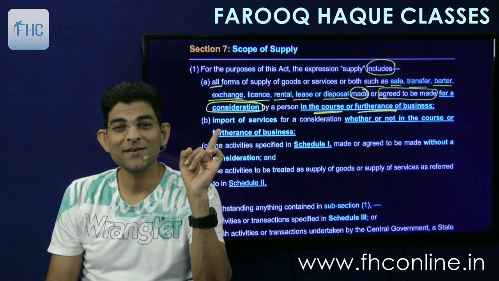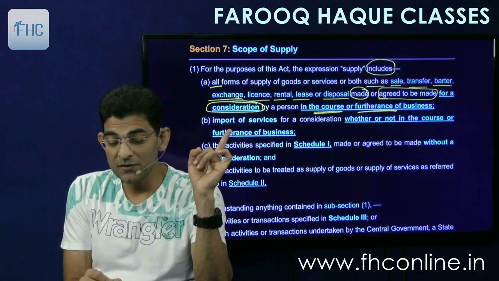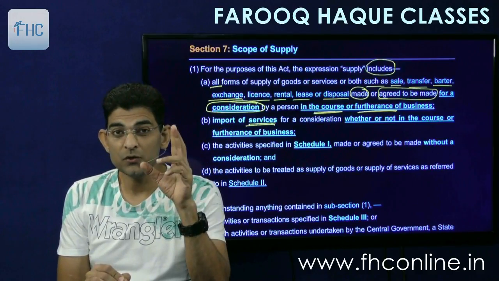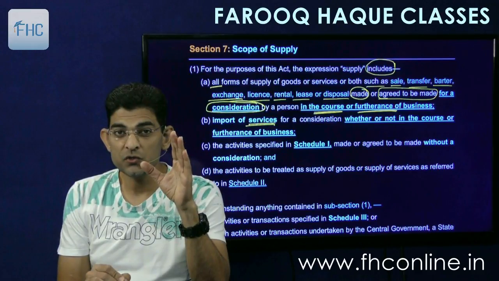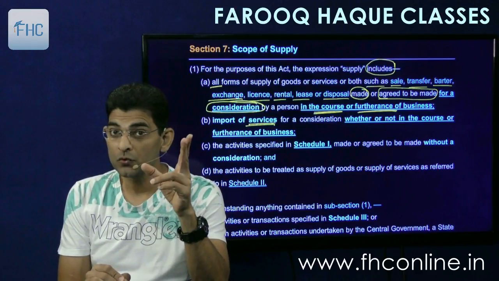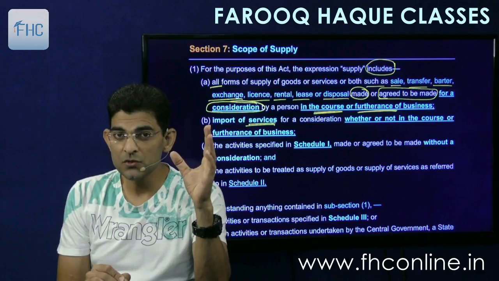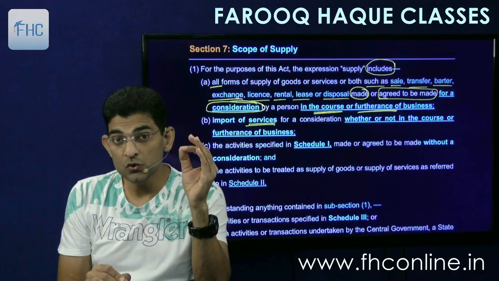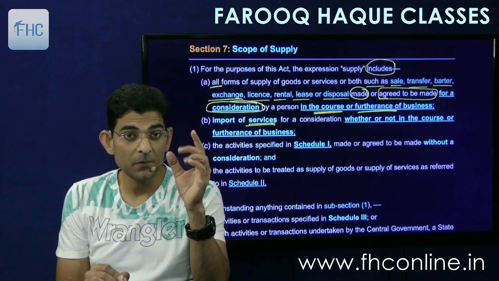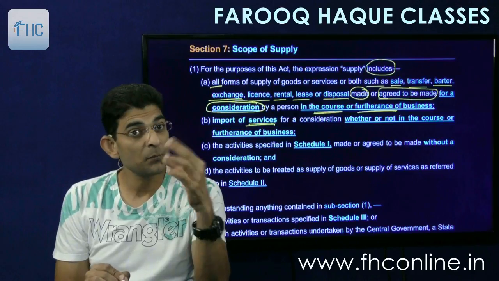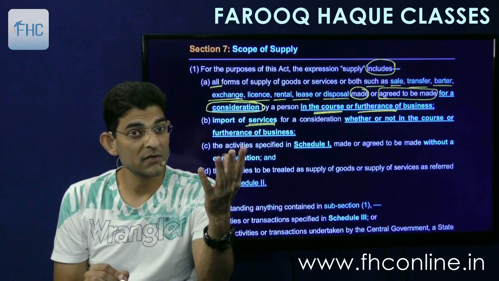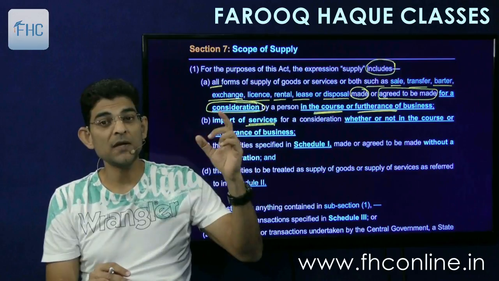Same way, this word service, because you know that GST is on goods or service or both, but some sections apply only to goods, some points apply only to services, some points apply to both goods as well as service. So this you have to take care of.